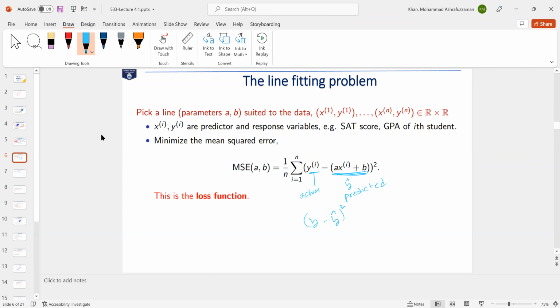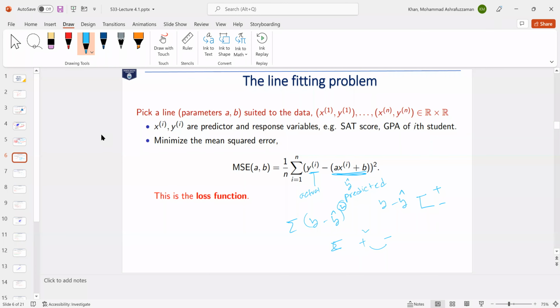Why are we taking the square? Because y minus y hat will sometimes be positive and sometimes negative. And we are doing a sum here. That means if we sum up the values, some values are positive and some are negative, they will cancel each other. Now we don't want them to be cancelled.